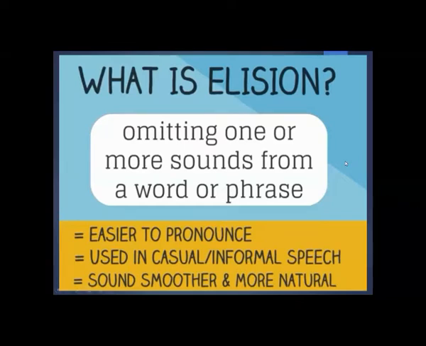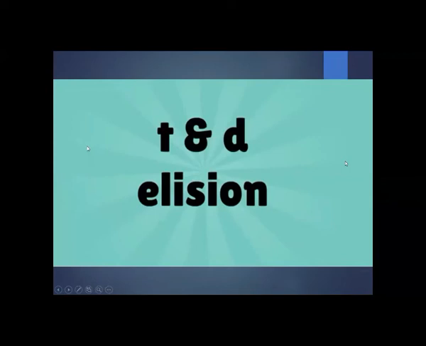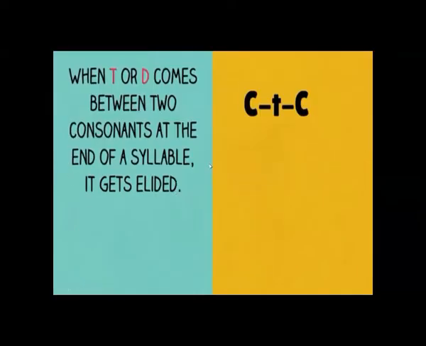Okay, so T and D elision. When T or D comes between two consonants at the end of a syllable, it gets elided. Elided means deleted.